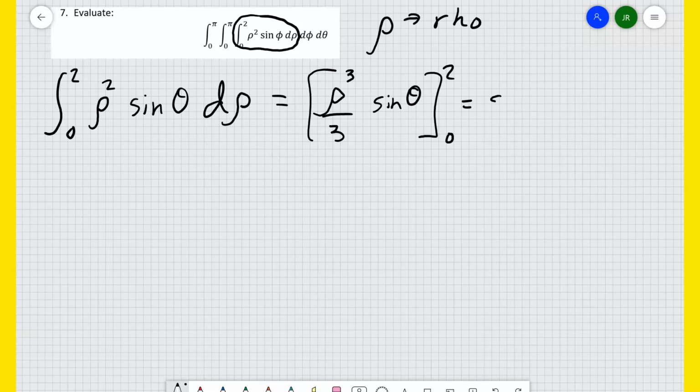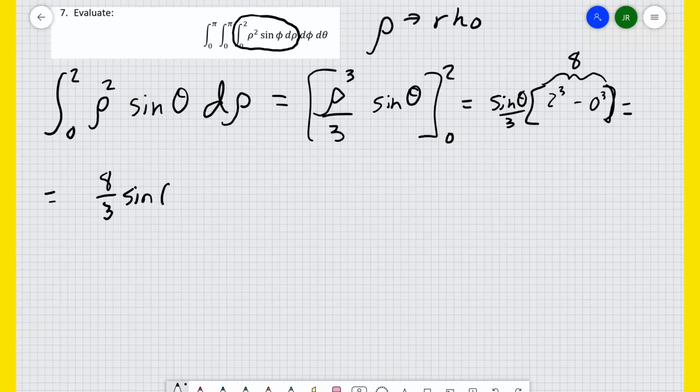I'm just going to leave the sine phi out here for a second. So it's just going to be 2 cubed. I'm also going to leave the 3 out here for a second. 2 cubed minus 0 cubed, that whole thing is just 8. So this is going to be 8/3 sine phi.